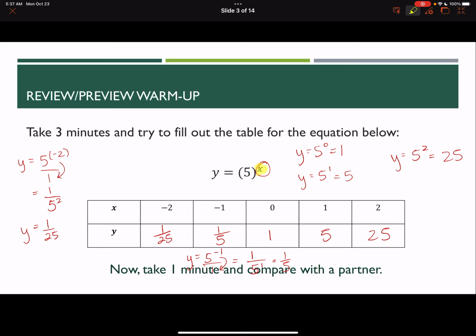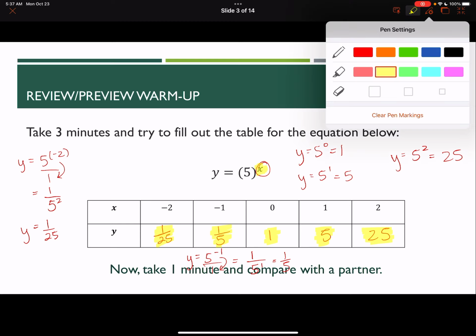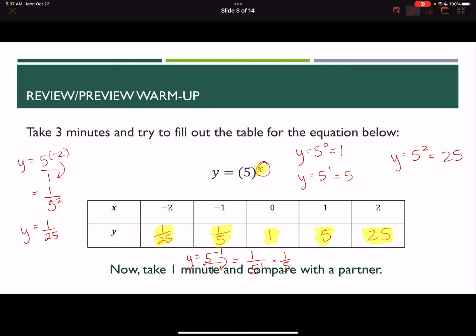And actually, let's look at this table that we made. This table that we made, these fractions, and I'm looking at the y values. This might be a little bit confusing. But look here, 1 to 5 to 25. What's the pattern? The pattern is that, let me switch colors, sorry, I'm multiplying by 5 to get the next number. Multiply by 5 to get the next number. And even the fractions look a little bit confusing, but think about it.